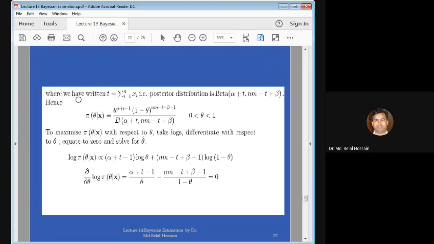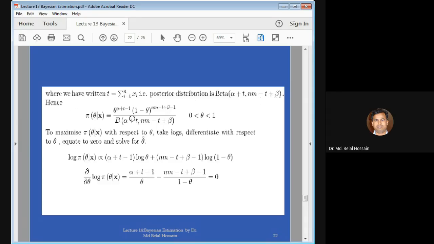So here we have written that t equals summation of xi, and the posterior distribution is beta with alpha plus t and nm minus t plus beta.